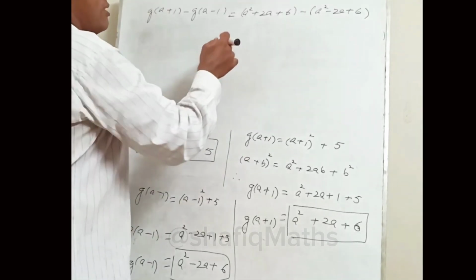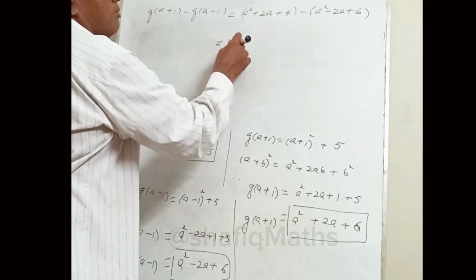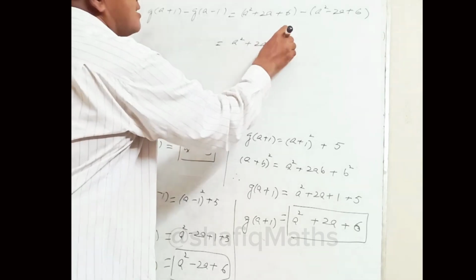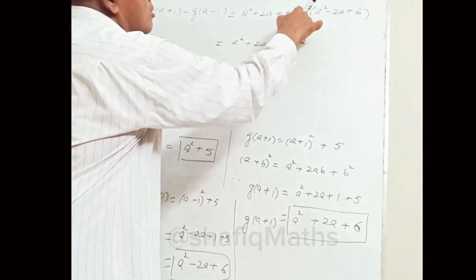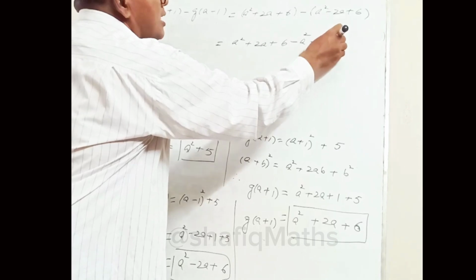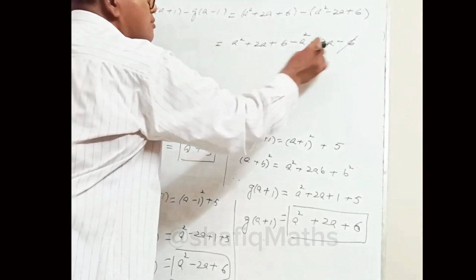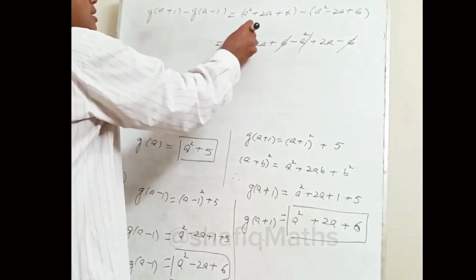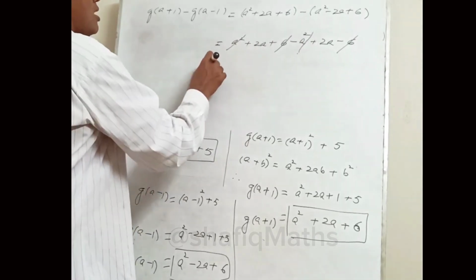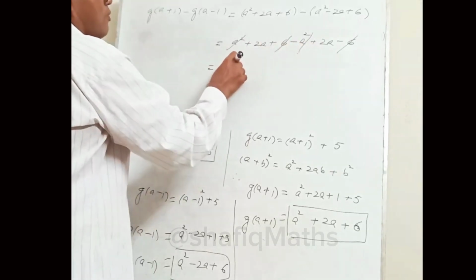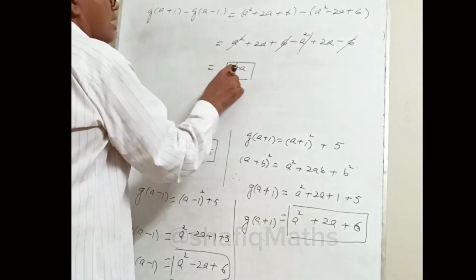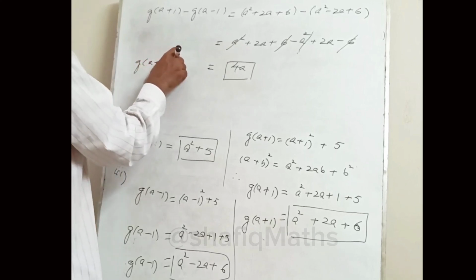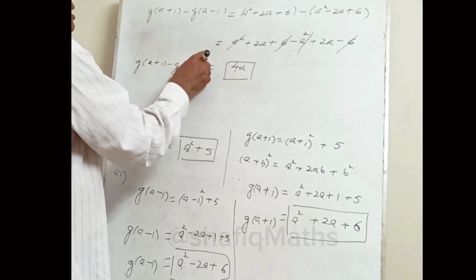When we remove the bracket, it would be a square plus 2a plus 6 minus a square plus 2a minus 6. Plus 6 and minus 6 will cancel out. A square minus a square cancels out. So we have 2a plus 2a, 4a. This is our answer of the third part of the question in terms of a.